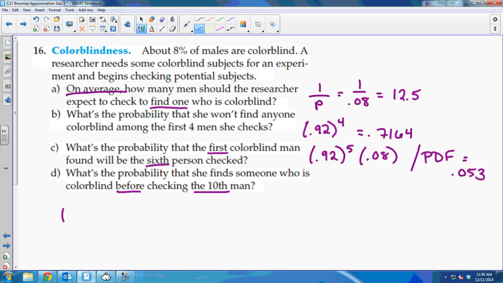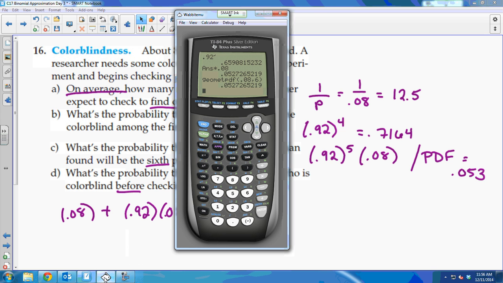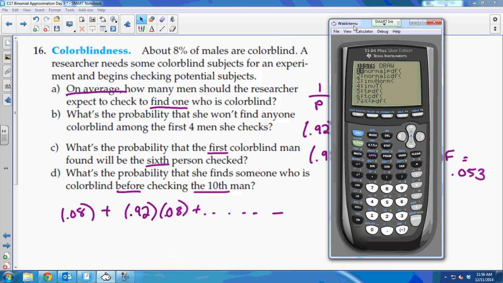It would be like 0.08 plus 0.92 times 0.08 and so on. Right? That's a lot of things. Or you could use what? Geometric, PDF or CDF? CDF, because we're adding a bunch of stuff together. So cumulative.